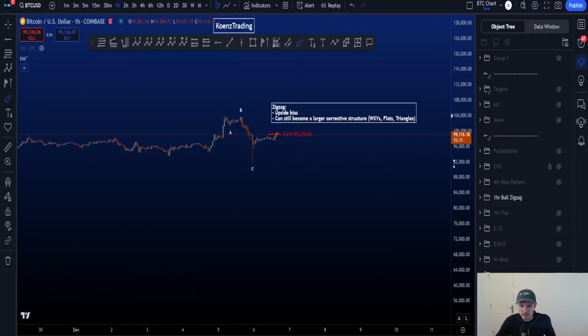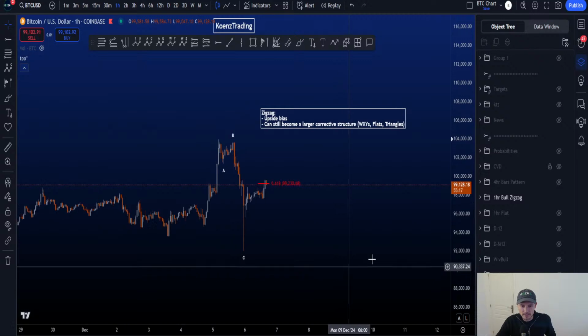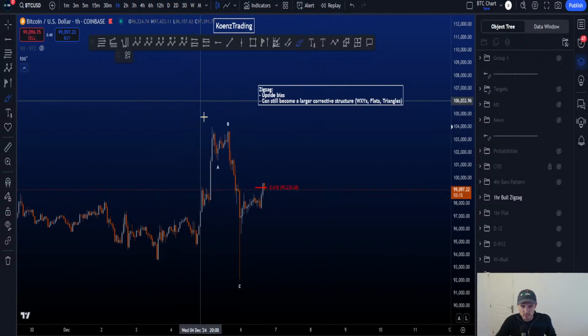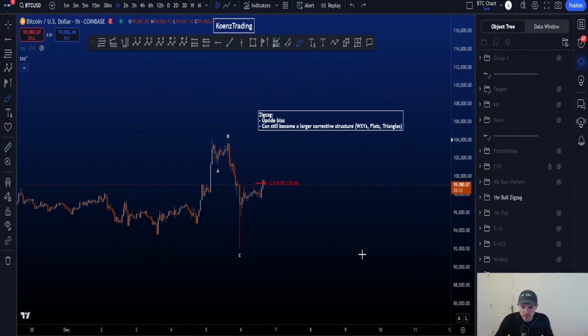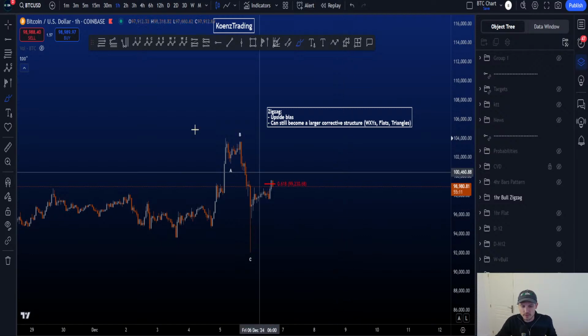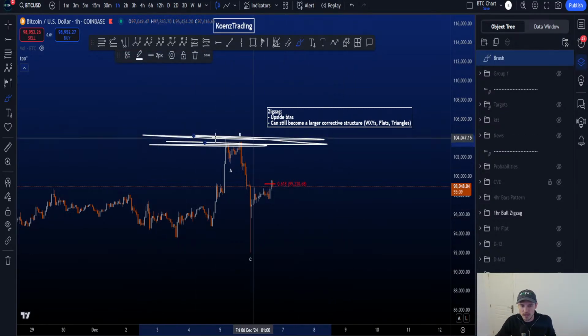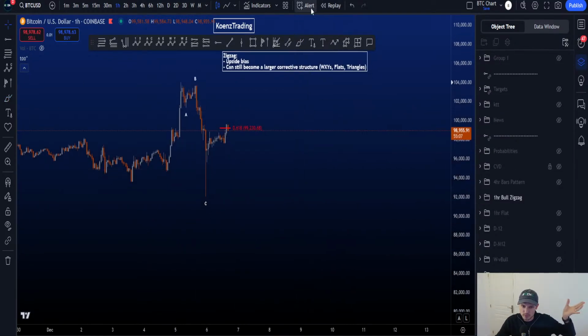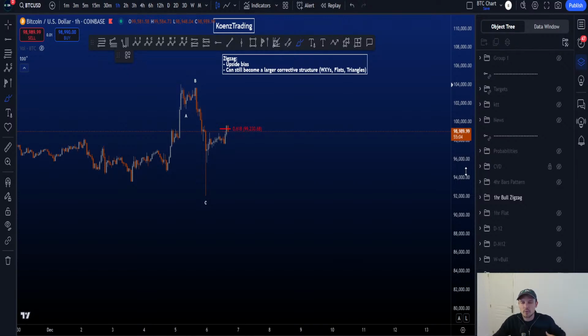And on the 1 hour time frame, the probabilities are highest for this move down to be a 3-wave structure, which therefore increases the probabilities to take out this high at a later stage. But mind you, on the daily, probabilities are higher to look for a bigger sideways range still.